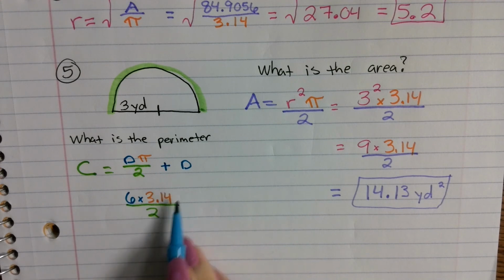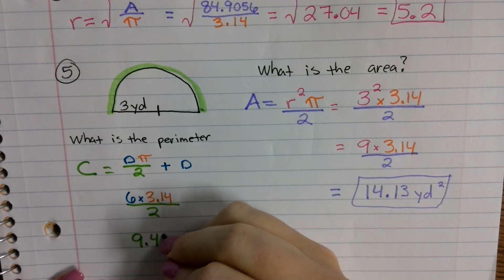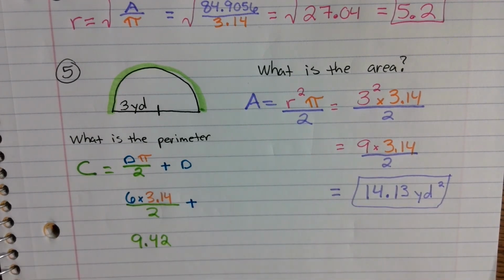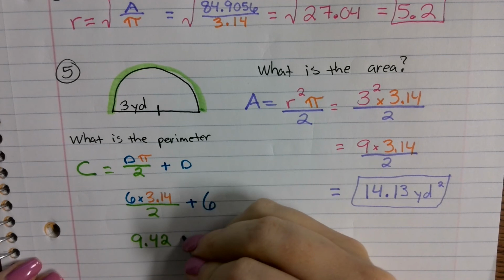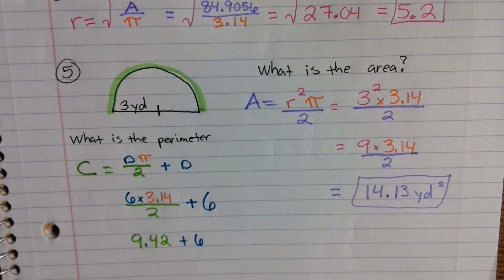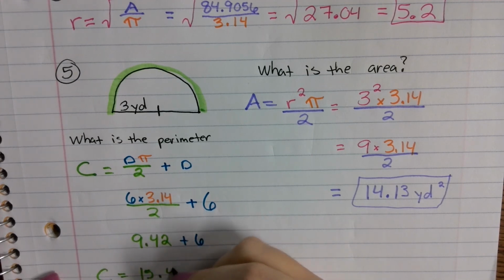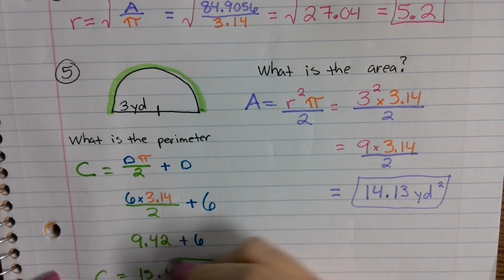So 6 times 3.14 divided by 2 is going to give me 9.42. But then on top of that, I have to add the diameter, which was 6. So I'm going to add 6 to it, and that's going to give me a perimeter of 15.42 yards.